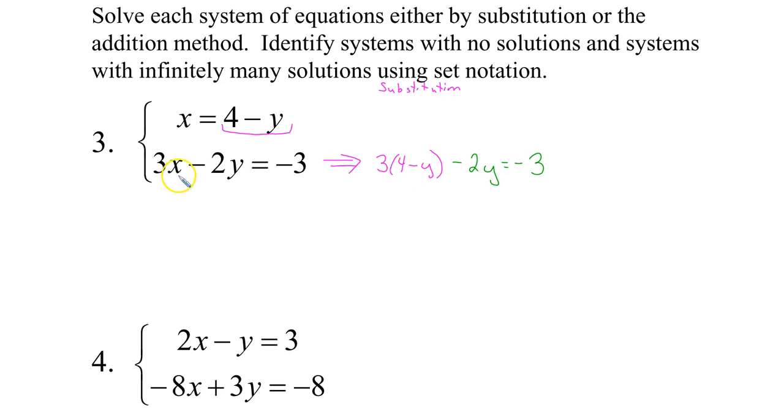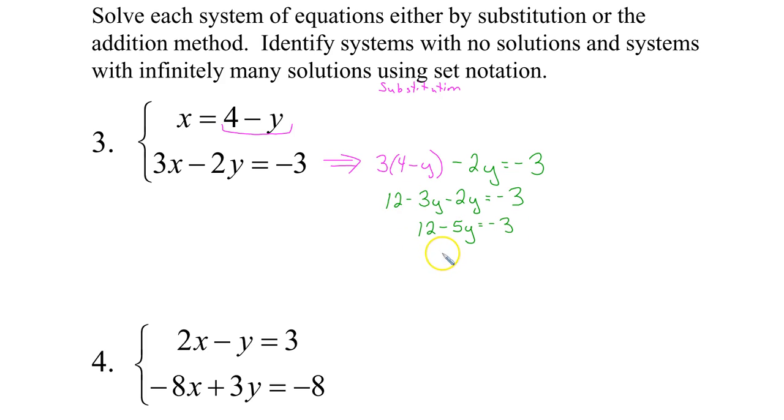So notice that in place of the x, I substituted my first equation of 4 minus y. Now we'll simplify this. This becomes 12 minus 3y minus 2y is equal to negative 3. Continuing to simplify, I have 12 minus 5y is equal to negative 3.